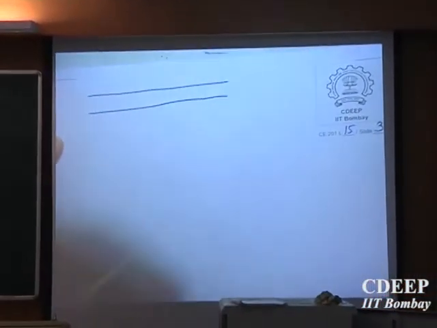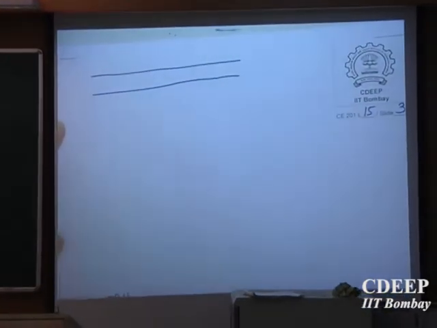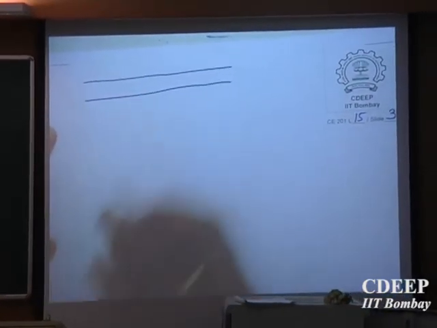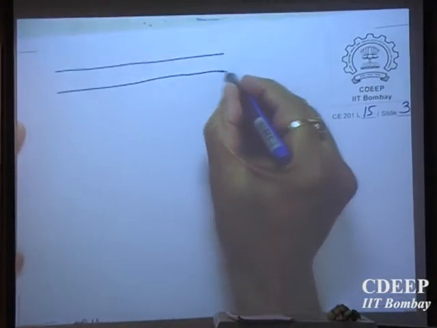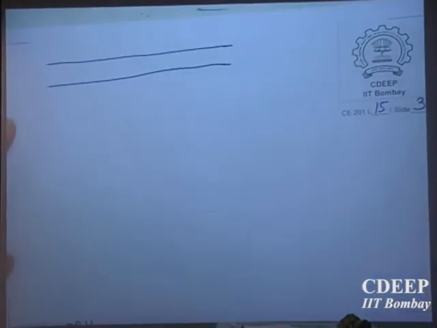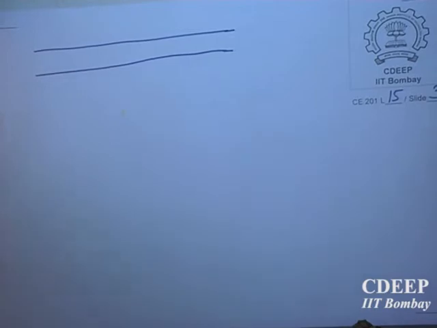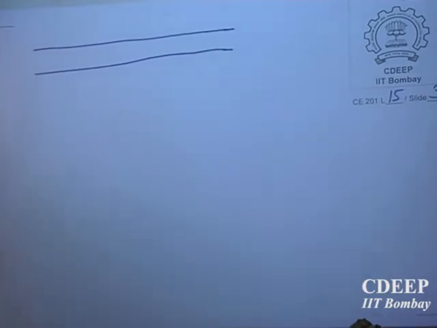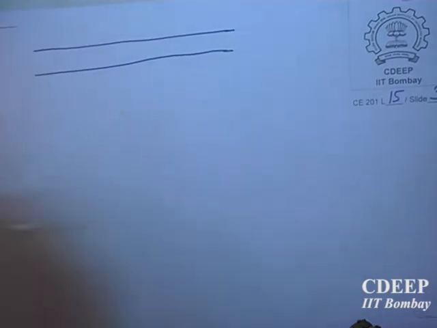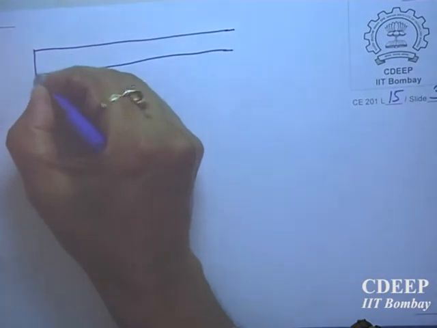And I am drawing only the plane of symmetry cross section, so it will look something like this. I am not drawing the width, because every particle in that direction will have the same displacement, because the y-axis is remaining horizontal.